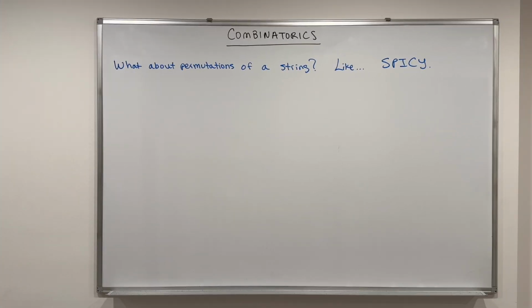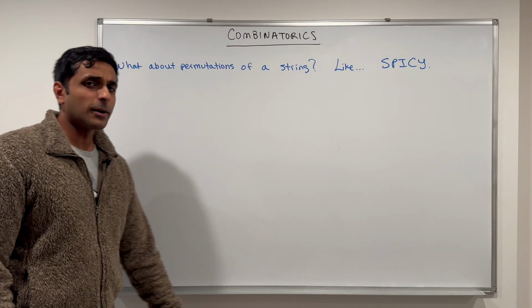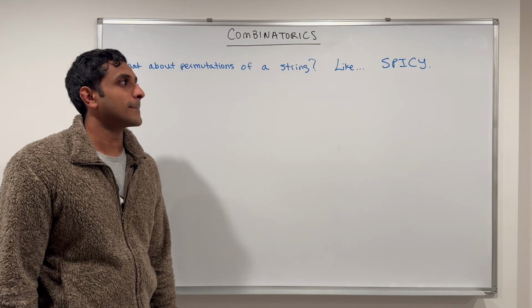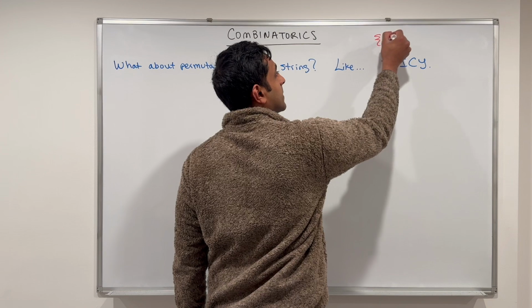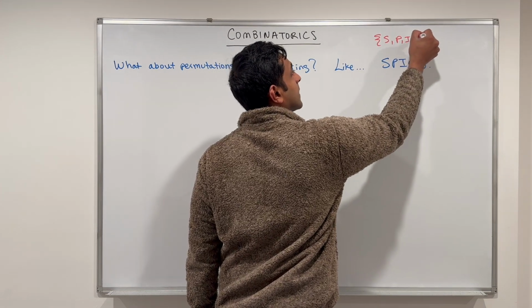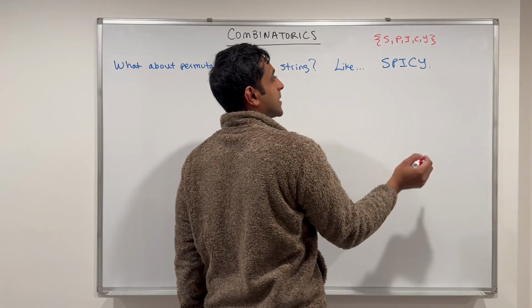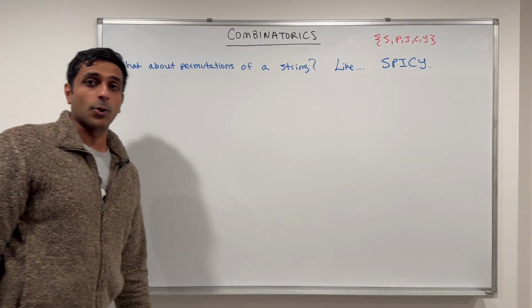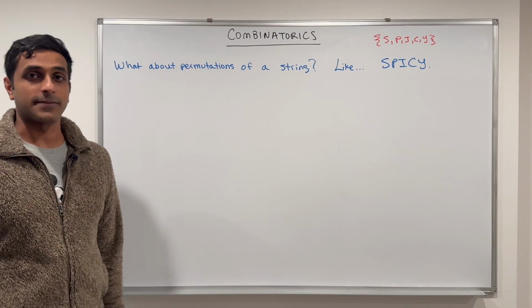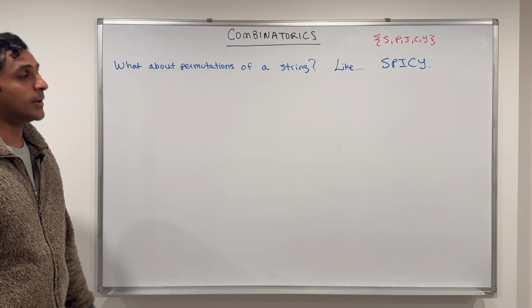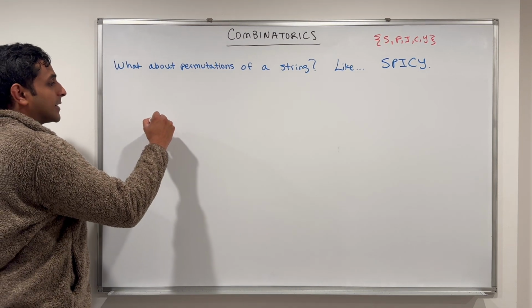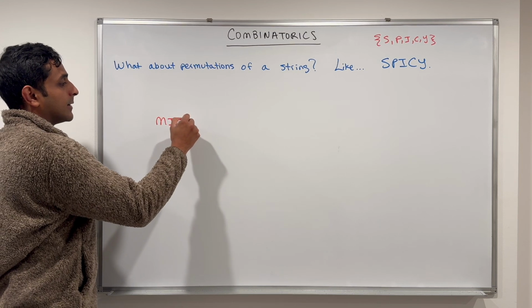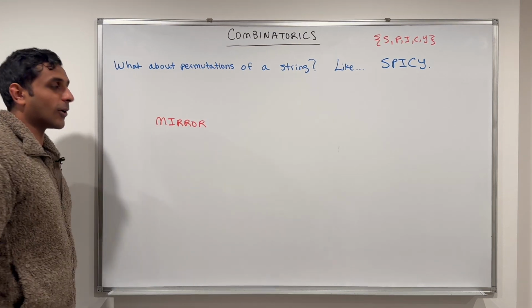So we've talked about permutations of a set, but what about permutations of a string? We've kind of talked about this before with the word SPICY, and we've also talked about how we can map this to a set that has the same characters, and then permutations of the string SPICY correspond to 5 permutations of that set. The connection, though, becomes a little bit more mysterious when we think about a string like MIRROR.